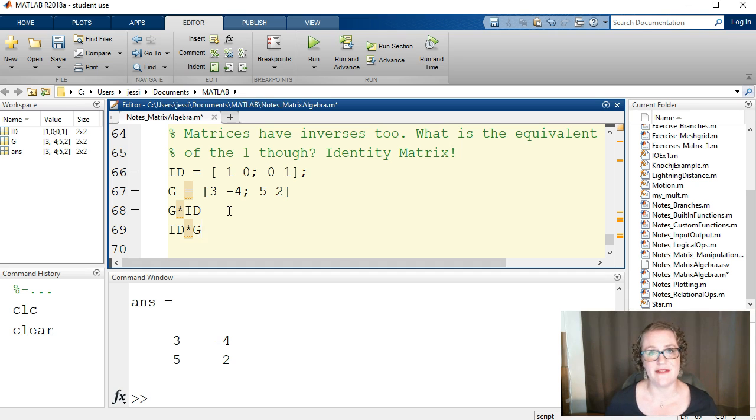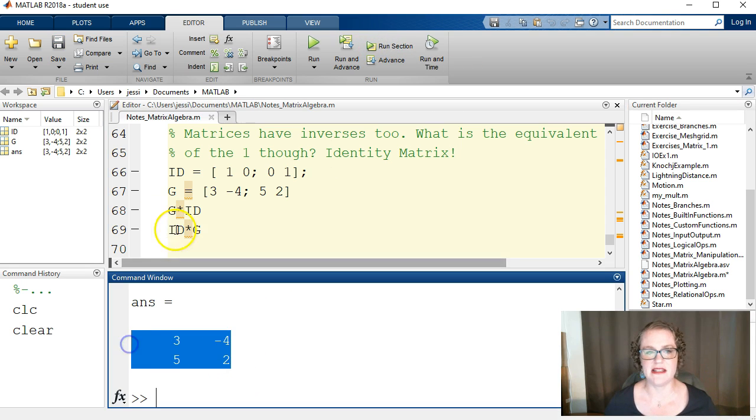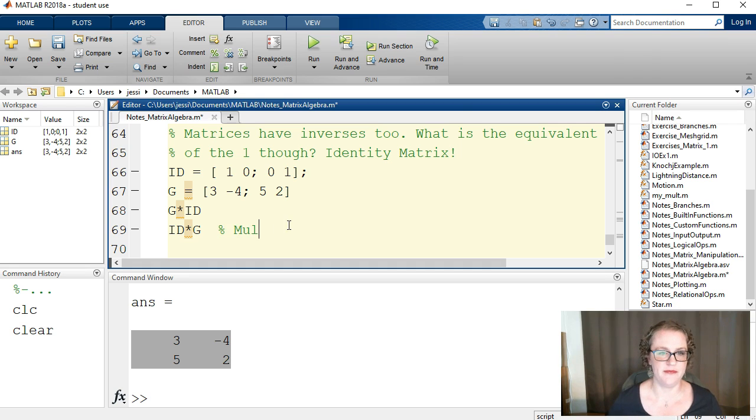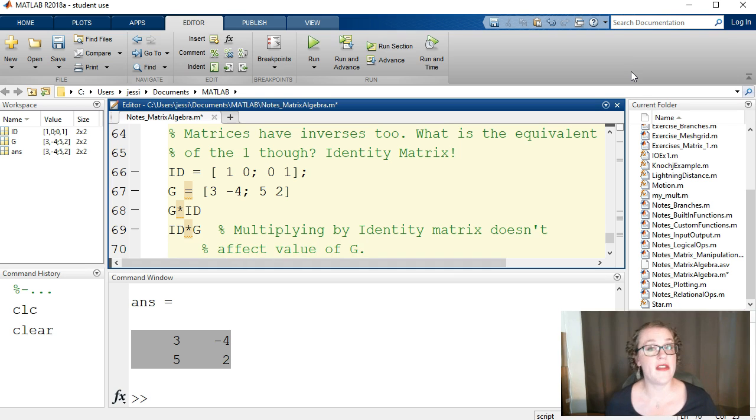When I run this section one more time, I get the same thing though, because multiplying by the identity matrix does not change the value of G, whether it's on the left or right. So that's why it's called the identity matrix.